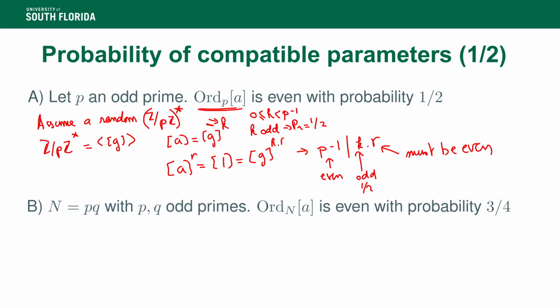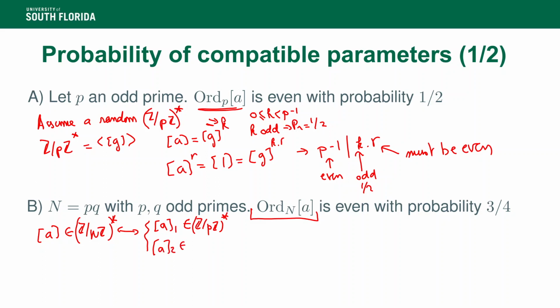Now we're looking for the properties of the order of A modulo n. The class of A in Z mod NZ star, we've seen through the Chinese remainder theorem, is in one-to-one correspondence with a pair of classes, A sub 1 in Z mod PZ star, and A sub 2 in Z mod QZ star.